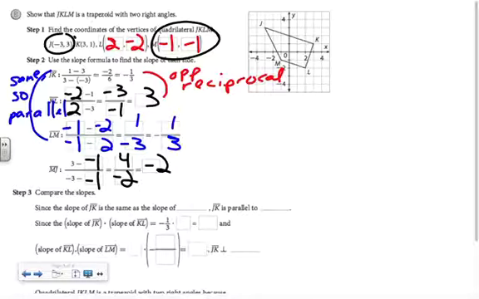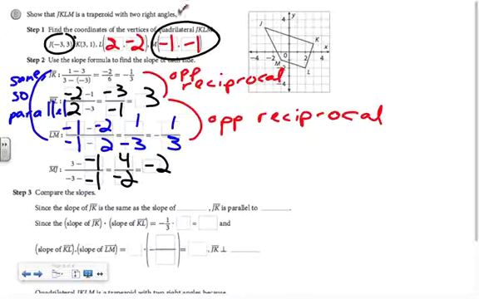So I also want to emphasize back here that those slopes are also opposite reciprocals. So I have two pairs of lines intersecting at right angles, meaning I have two right angles. So I've met this condition. I know it's a trapezoid because I have one pair of parallel sides.